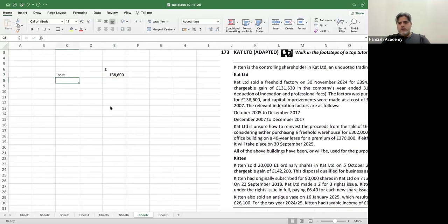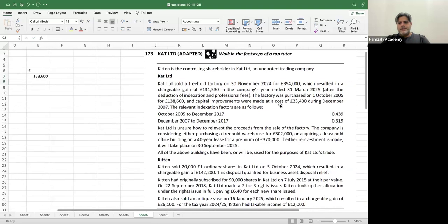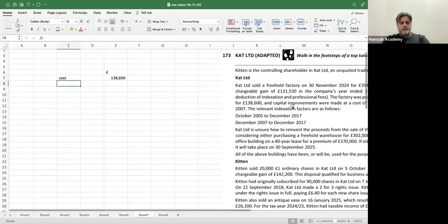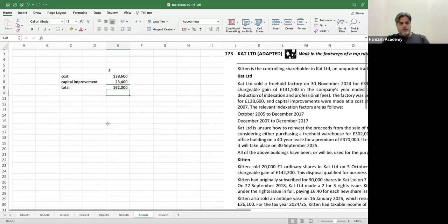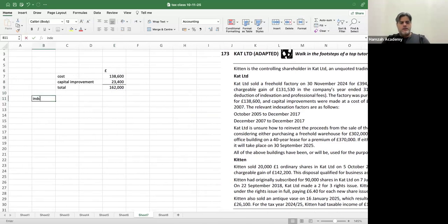Then we had some capital improvements at a cost of 23,400. So the total is going to be 162,000.